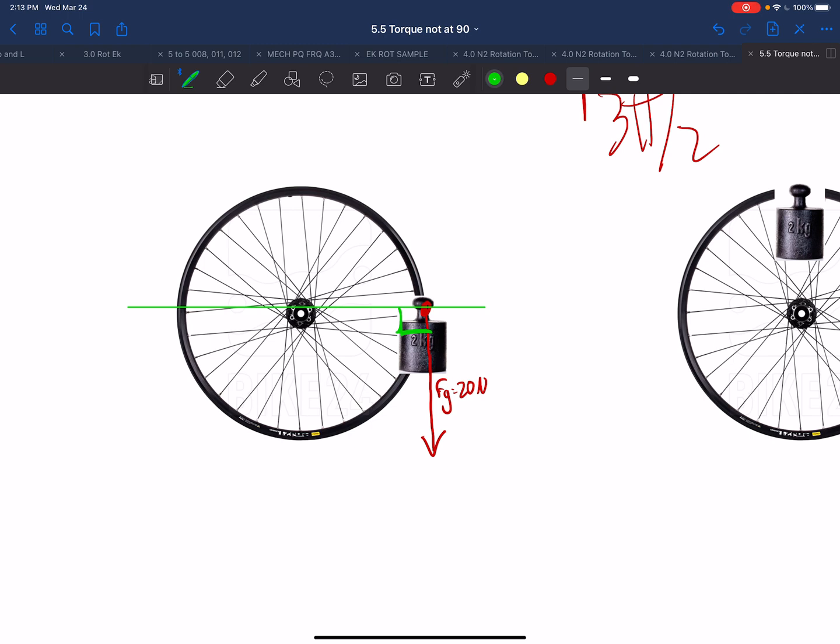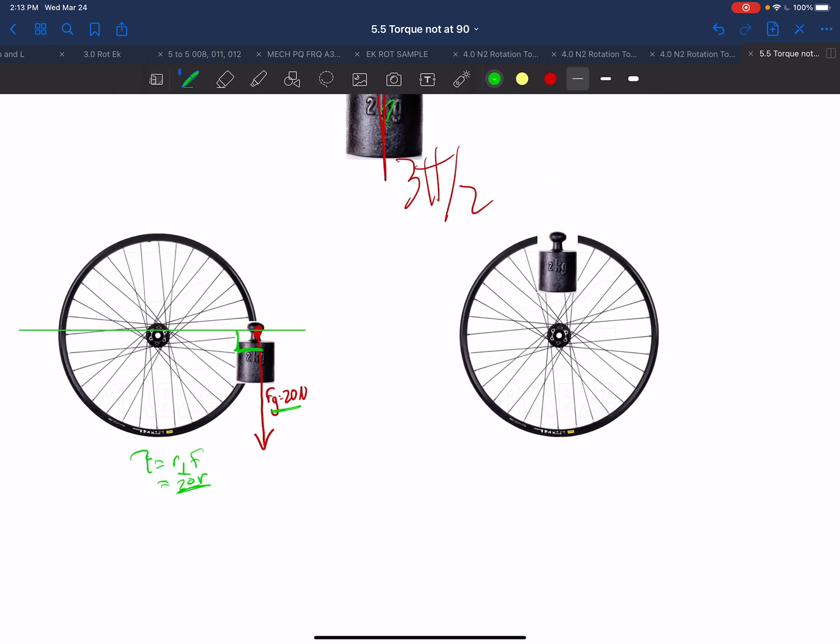So it is a simple matter then that the torque is RF. So we have 20 R, whatever the radius is, as our torque. So that's pretty easy to see.